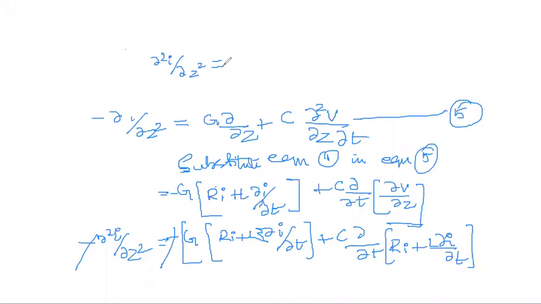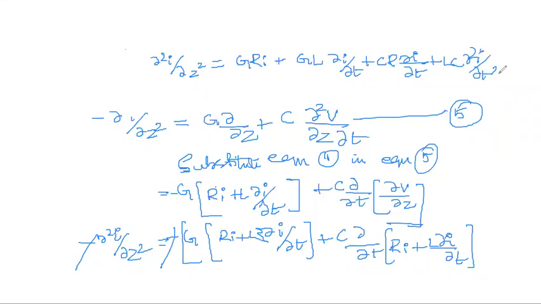So if I write it, ∂²I/∂z² is GRI plus GL ∂I/∂t plus CR ∂I/∂t plus LC ∂²I/∂t².